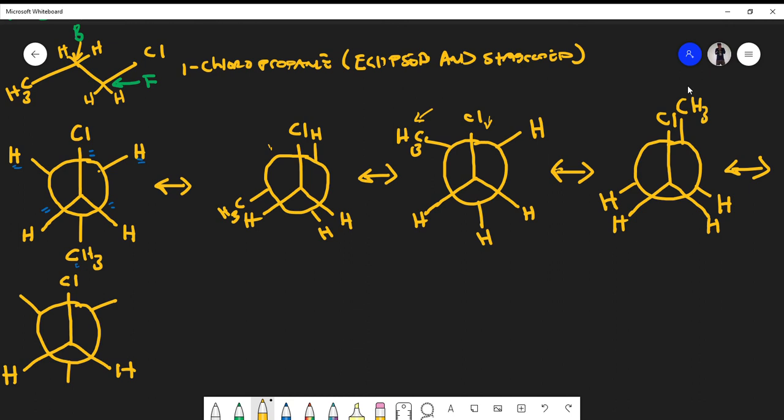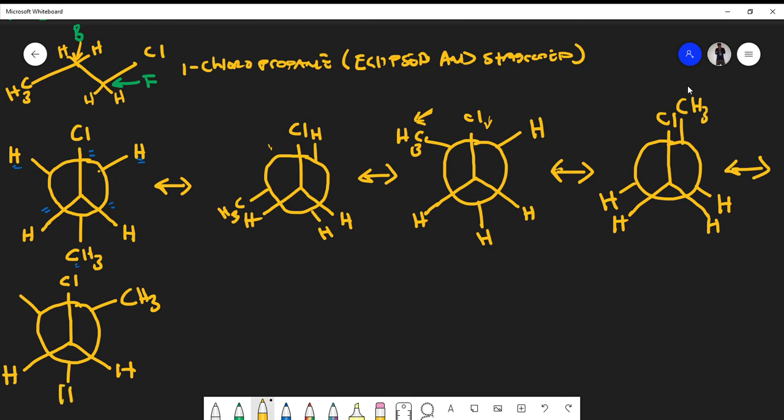Okay. Now, the CH3 that was right here is essentially going to move 60 degrees to right there.